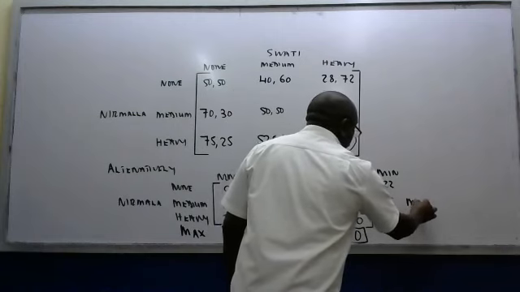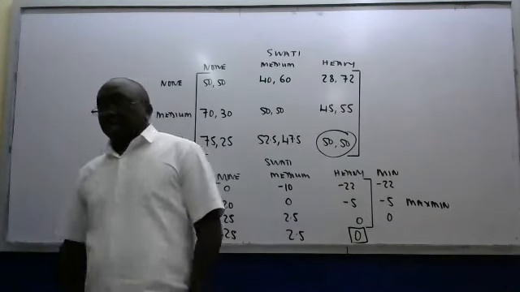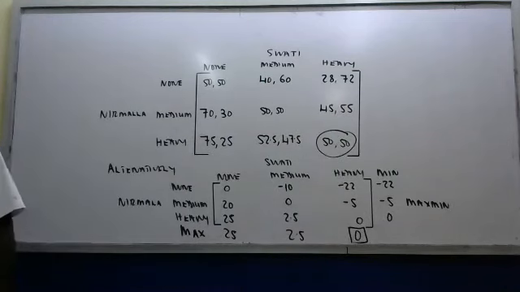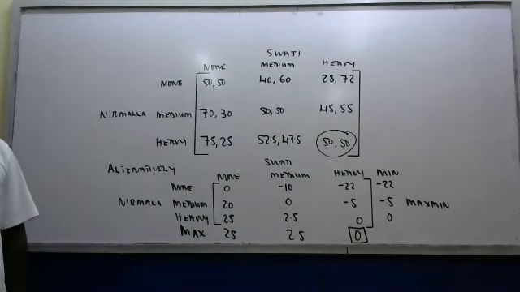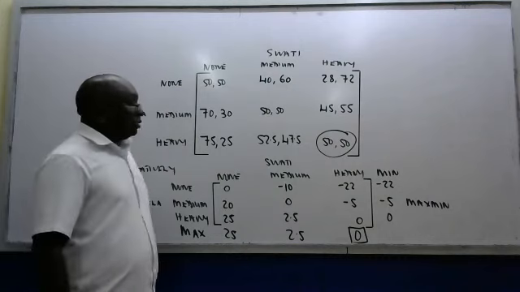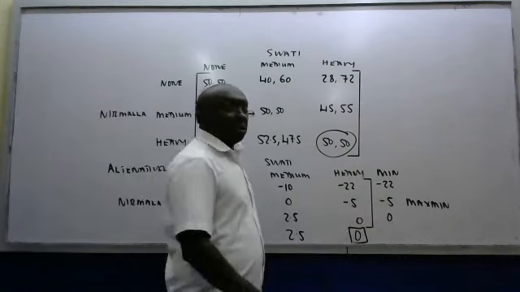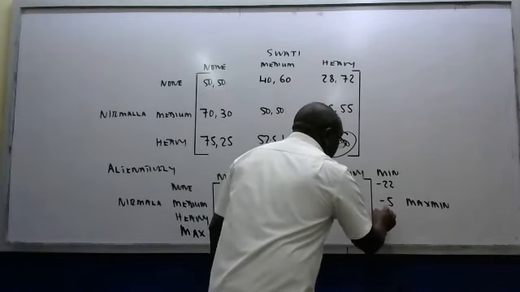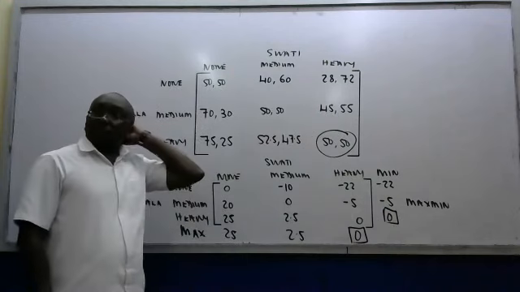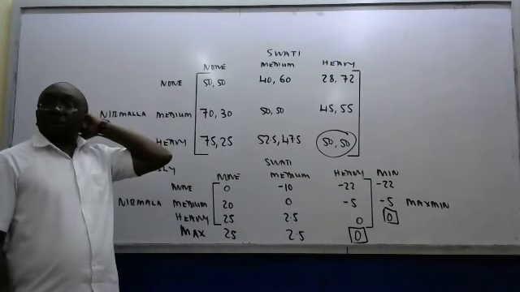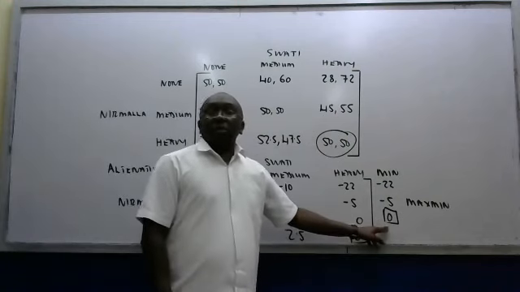And I told you this one uses a strategy called maximin. So with maximin, he will go for the maximum of the minimums. The maximum of the minimums is that one. And therefore, since the selections are the same, the game has a saddle point.